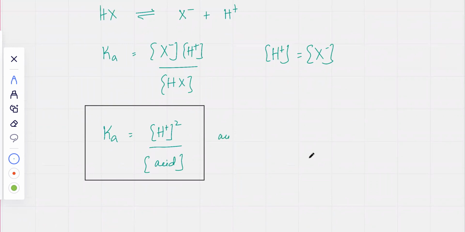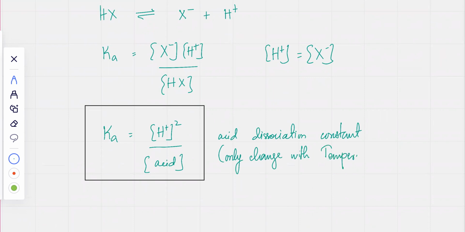So this is known as the acid dissociation constant. And remember, it's a constant. All equilibrium constants only change with a change in temperature. Yes.